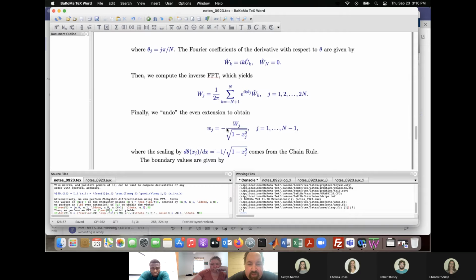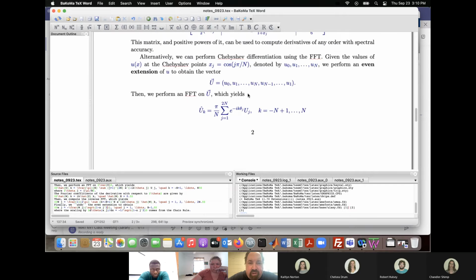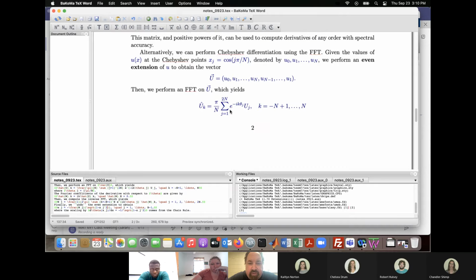The reason why we had to divide by this factor of minus square root of 1 minus x squared is because you're performing a change of variable x equal to cosine theta. When you're taking the derivative after taking the FFT, you're not taking a derivative with respect to x.